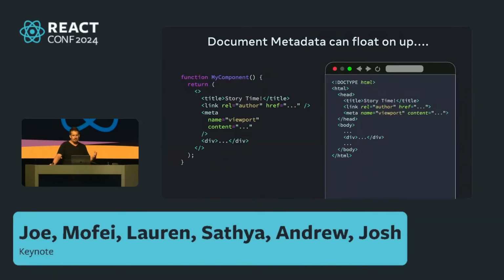Solving document metadata isn't that complicated. Title tags, links, meta, they're typically only in the head anyways, and so we can just ensure they're positioned there when server rendering. And we just need to make sure that hydration can find them, even if they're not inside the component where it would normally look.